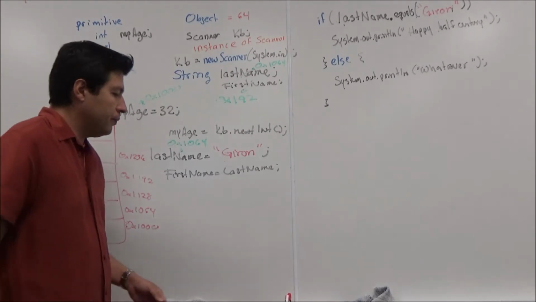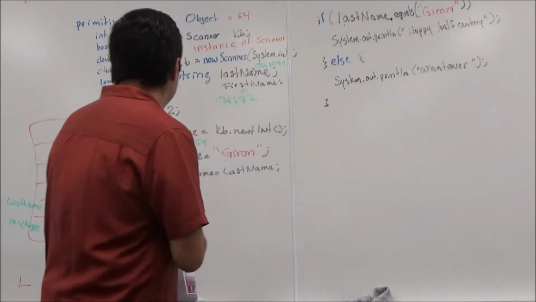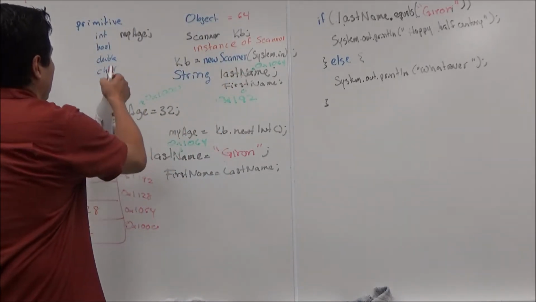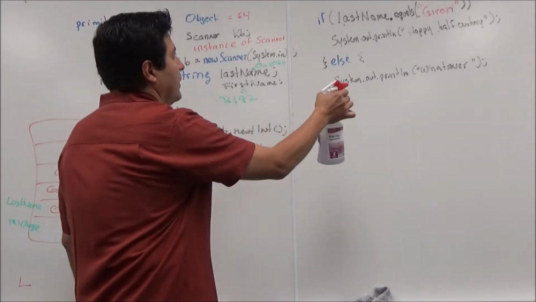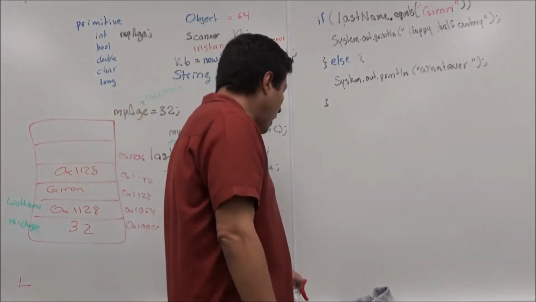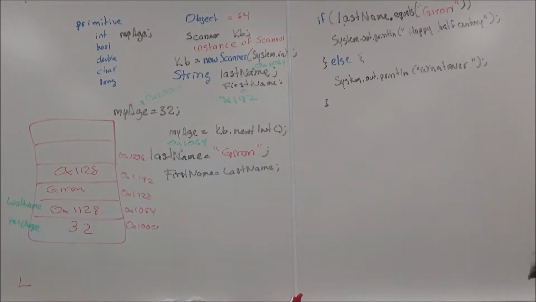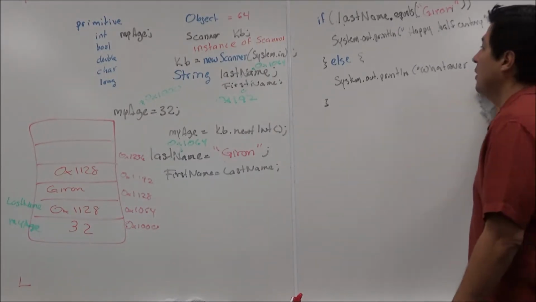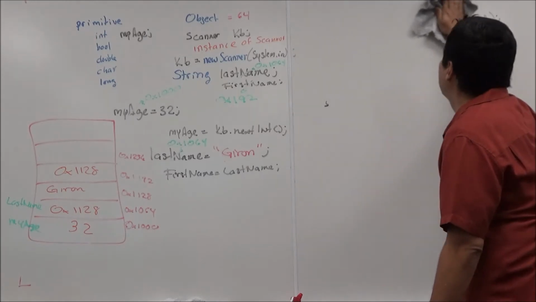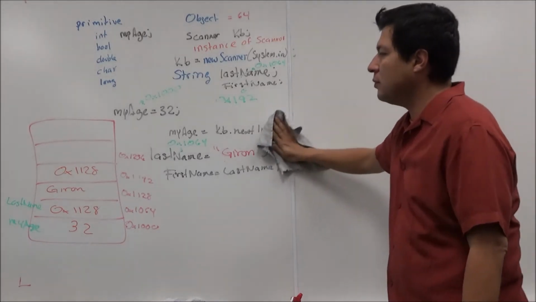So, erase this for now. Now I'll talk about classes, what classes are, and how they work. Classes in Java is another name for objects. So any object is a class.